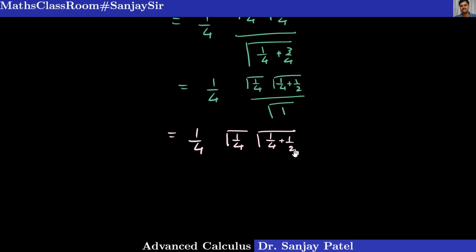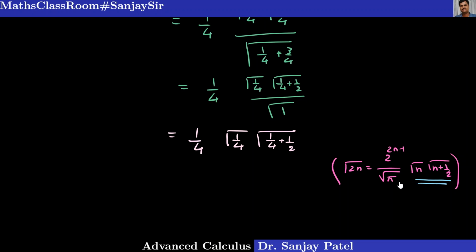Now just try to recall that we have something like this, gamma n into gamma n plus 1 by 2, in some formula, and that is the most important formula, which is known as the duplication formula. So let me write here. You know that gamma 2n is equal to 2 raised to 2n minus 1 upon root pi into gamma n into gamma n plus 1 by 2. So if I use this formula, then I need only this term here.